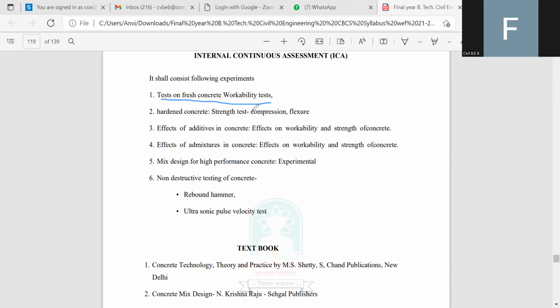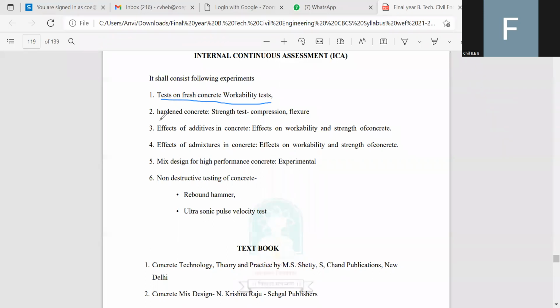Whatever slump we get, on that we can decide the workability of concrete. So this is experiment number 1 that we have to perform.